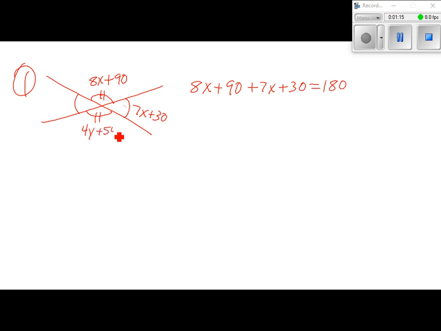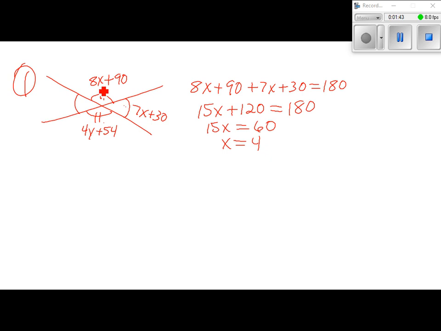We probably don't want to set this equal to that just because it's got an x and a y in it. So if we solve this, and again I'm going to solve these extremely quickly, just collect like terms, then subtract 120 on both sides, that's 15x equals 60, end up with x equals 4.